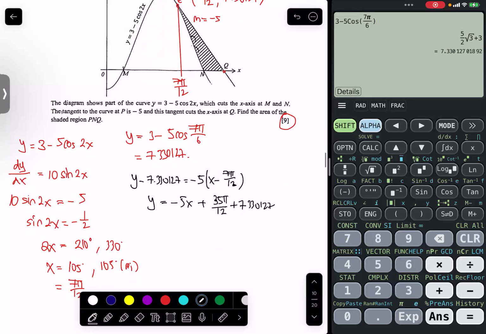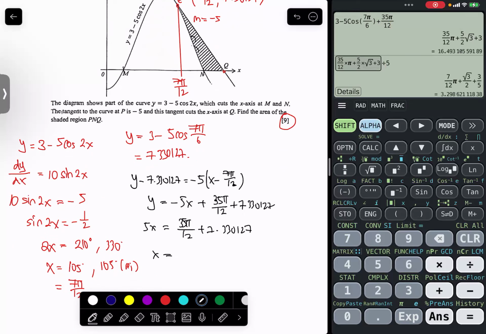Now when y equals 0, 5x equals 35 pi over 12 plus 7.330127, so x equals the whole thing divided by 5. Get 3.2986. So that means Q is 3.